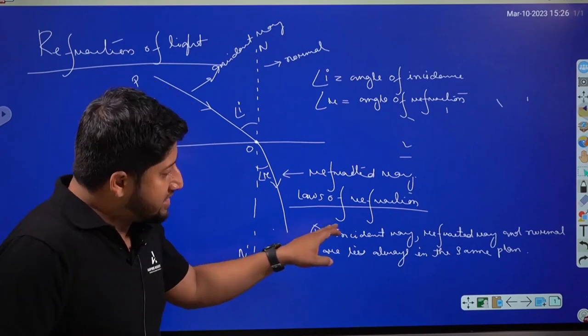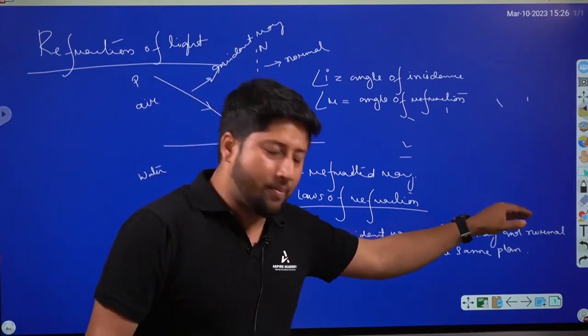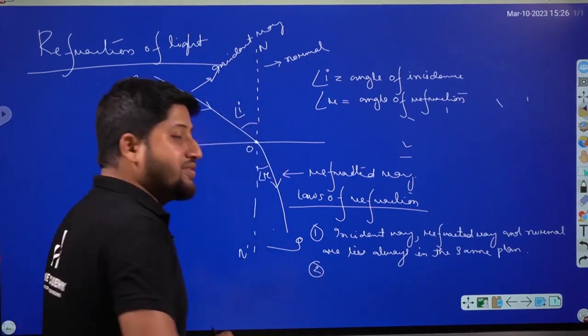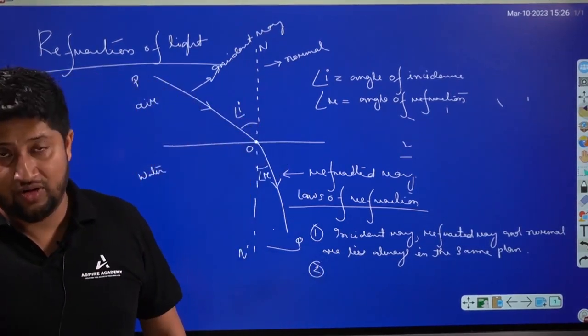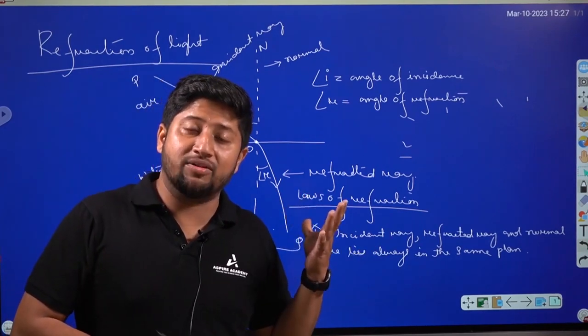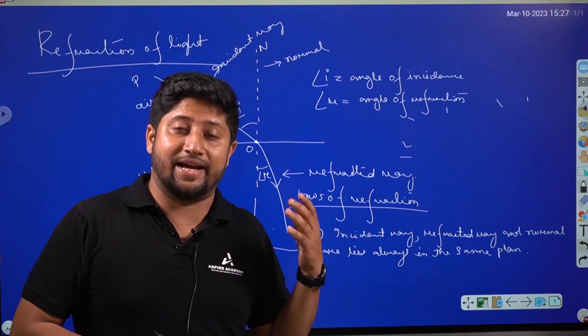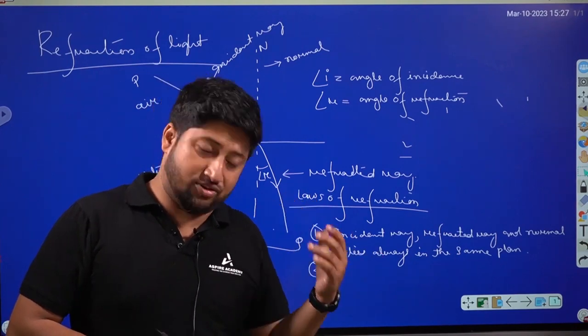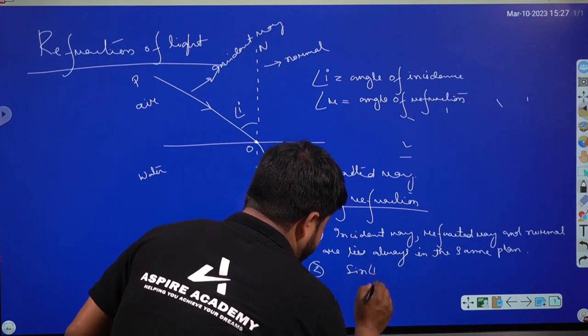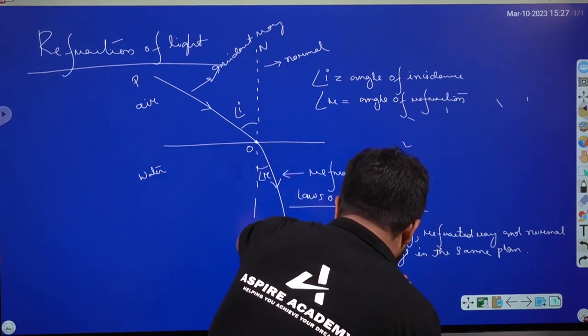The second law is different from the reflection law. The ratio of the sine of the angle of incidence to the sine of the angle of refraction is a constant. So the second law is the sine of the angle of incidence.